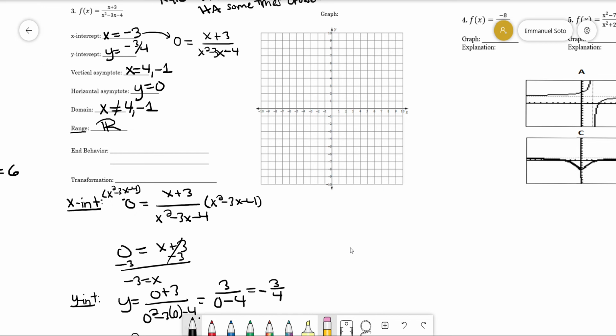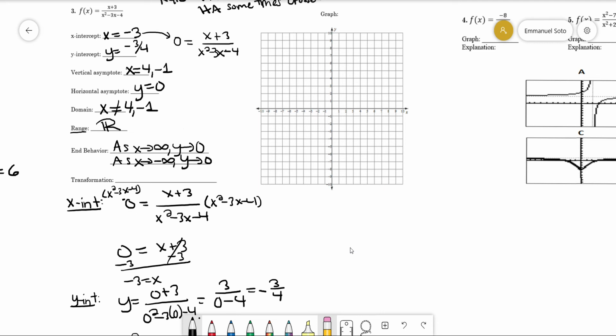Alright, so now let's go ahead and do the end behavior. So the end behavior is as x approaches infinity, y approaches the horizontal asymptote, which is 0. As x approaches -infinity, y approaches the horizontal asymptote, which is 0 again.